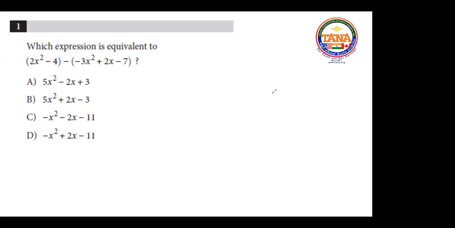All right. So for this question, it's combining like terms. The entire question is just combining like terms. You have 2x squared minus 4. This negative and this negative cancel out. So plus 3x squared, negative, positive, therefore must be negative, minus 2x, negative, negative, positive, plus 7. So 3x squared plus 2x squared is 5x squared.